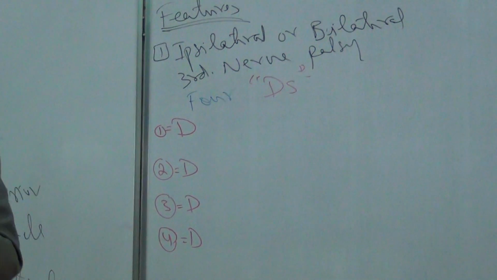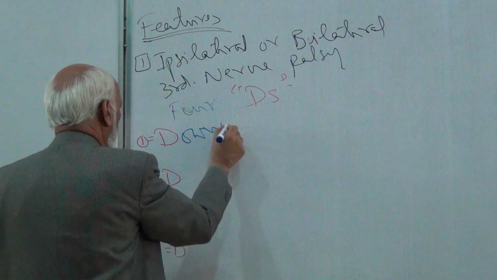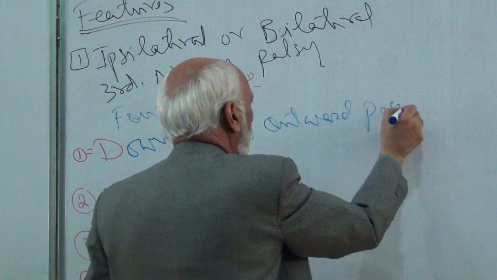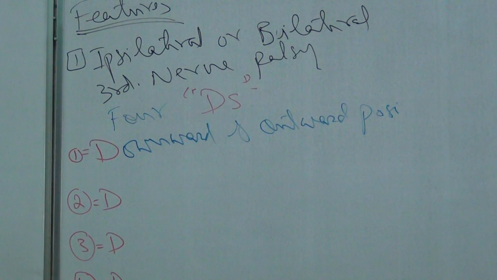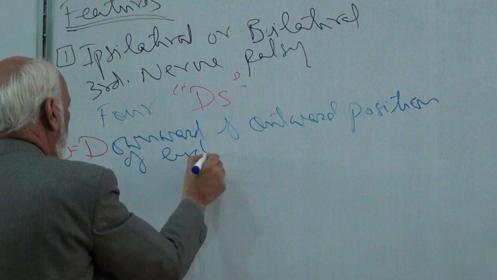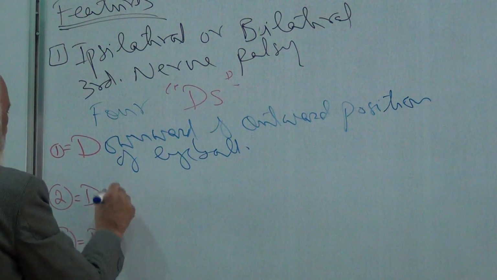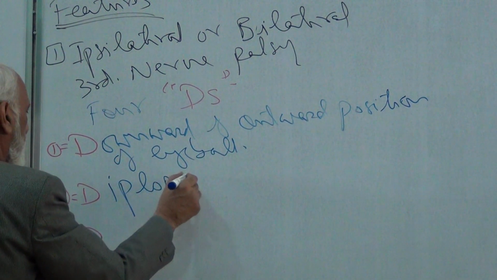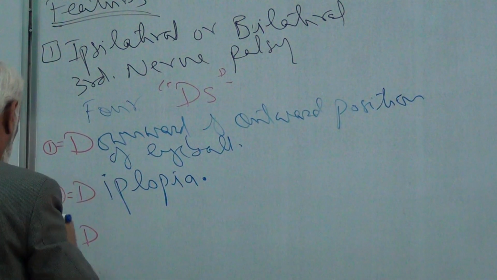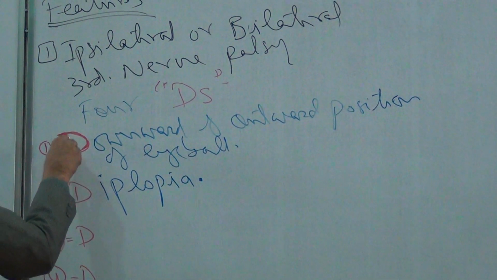Four Ds, that is, downward and outward position of the eyeball.